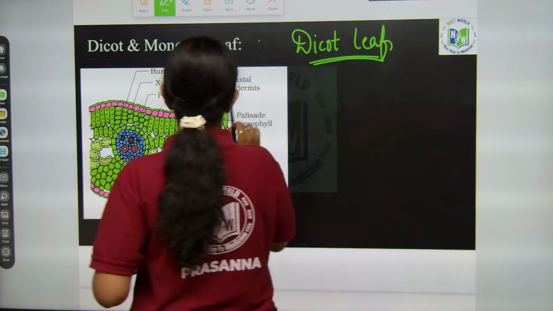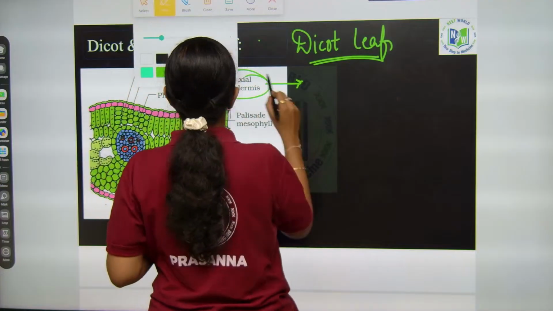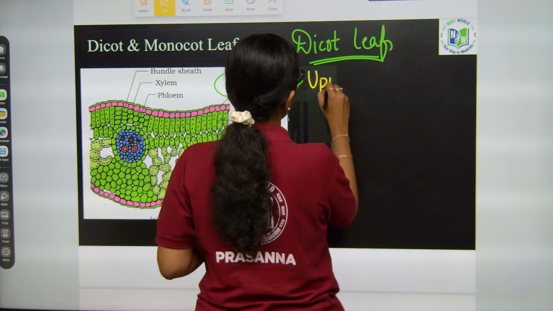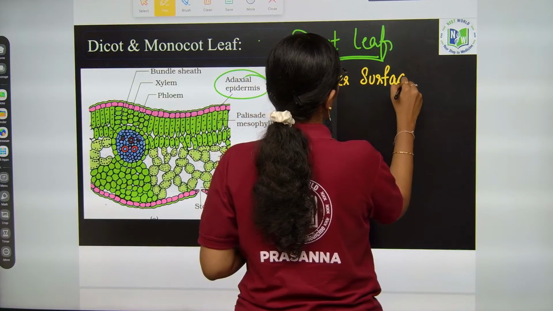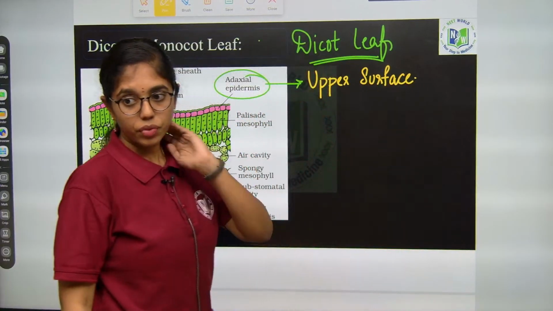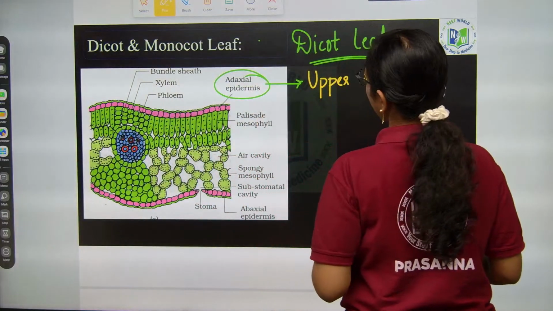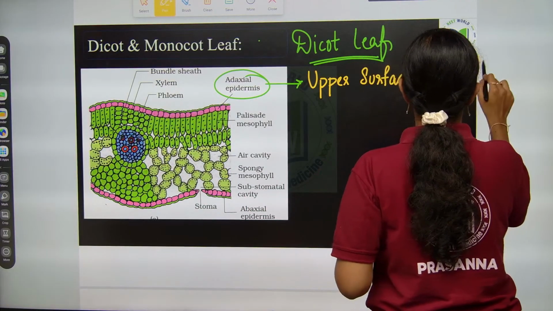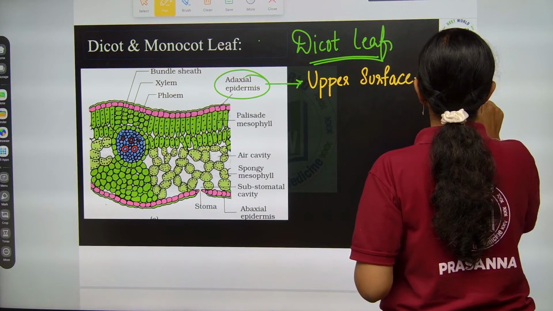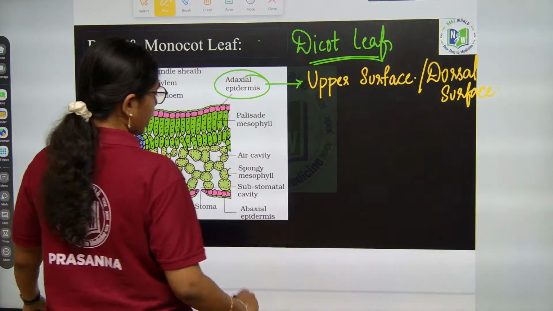Okay, so the upper surface is what, ma? Adaxial surface, the upper surface, also called the dorsal surface. Fine.